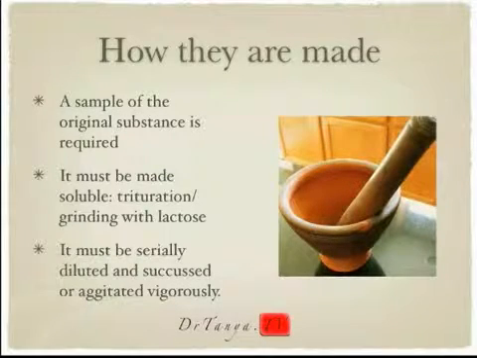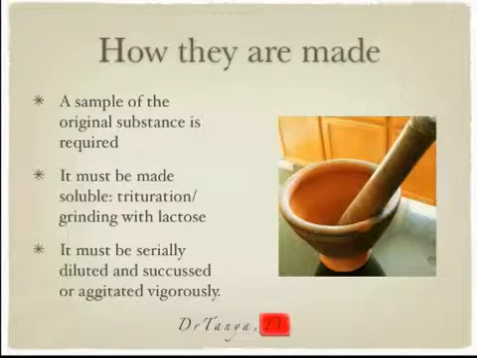So you'd grind it up a few times and make a dilution of the original substance. And then from that solid dilution, you would dissolve it in some water mixture and shake it up quite vigorously. This is known as succussion. And from there we can proceed.